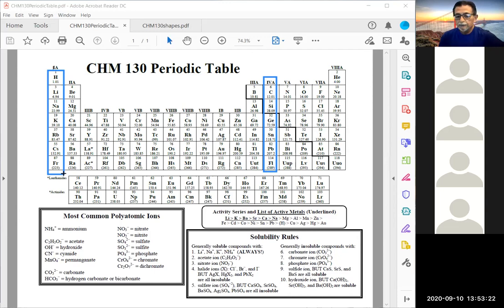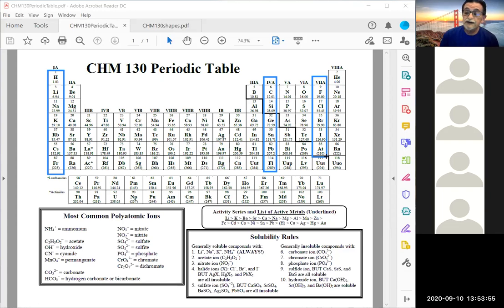Because they all share the same number of valence electrons, they all react very similarly. So lithium, sodium, and potassium in group 1 all have similar reactivity. Carbon and silicon, very similar reactivity. And the same is true for group 7 on down here. Guess how many valence electrons that group has? Let's look at the Roman numeral, 7.